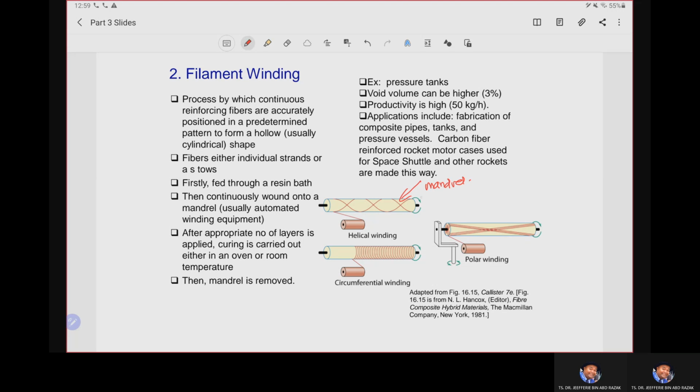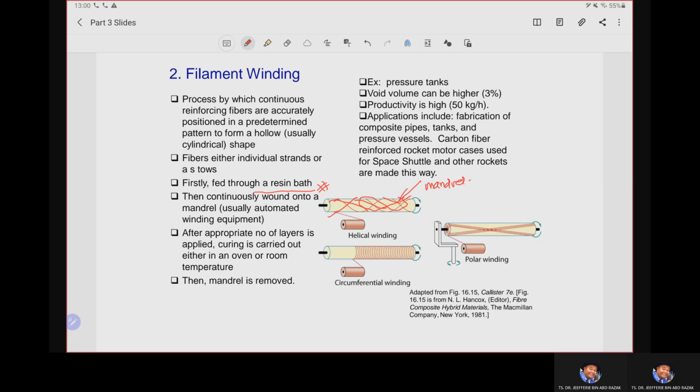And then we supply the fibers in a continuous manner. The fibers are supplied either as individual strands or as tows. Before applying them to the mandrel, they are first fed through the resin bath, where we wet the fiber with the resin, and then the fiber is continuously wound onto the mandrel, usually by using automated winding equipment.